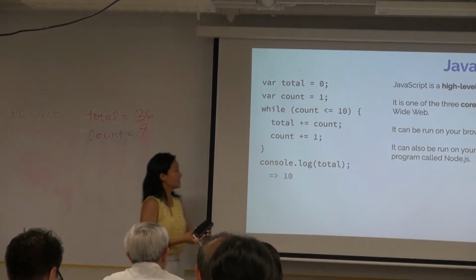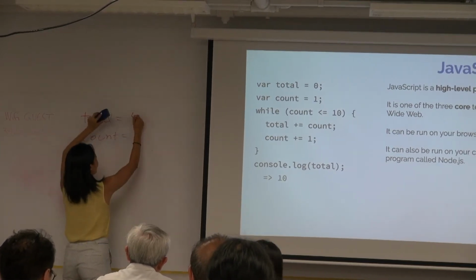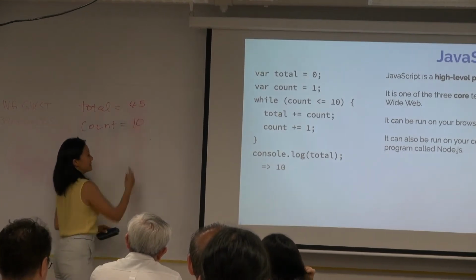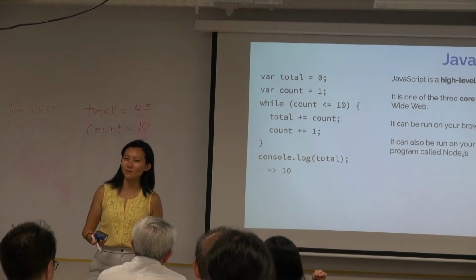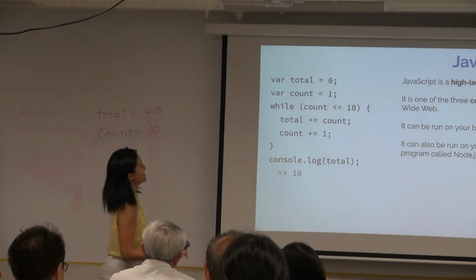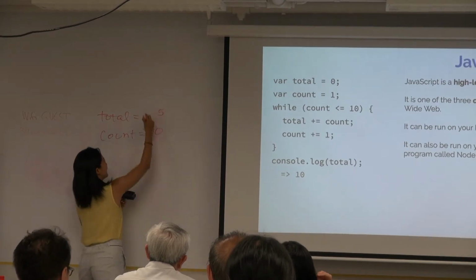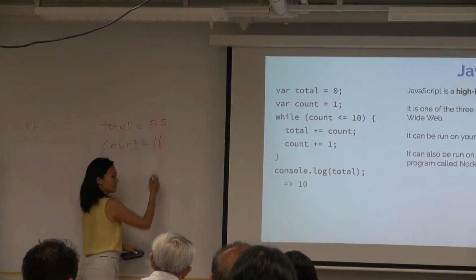Still less than? What's 36 plus 9? 45. Correct. Count? 10. Is 10 less than or equal to 10? Yes. So my total is now 55. My count is 11.